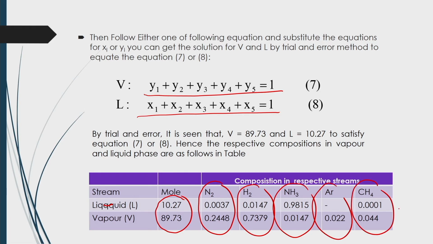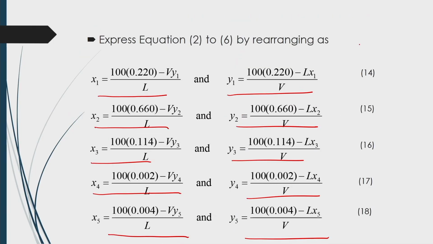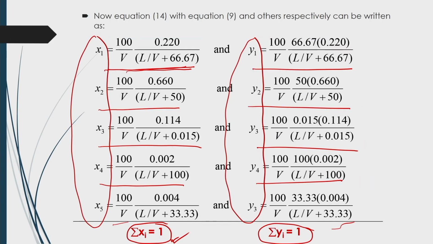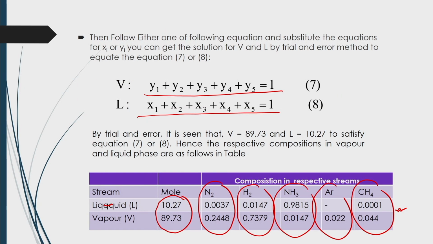You can find them respectively just by putting the value of the liquid and vapor amount in the respective equations 14 to 18. So, in this way you can calculate the liquid and vapor amount by the flash vaporization condition in a vaporizer with this material balance.